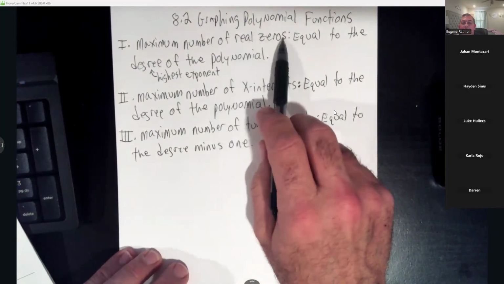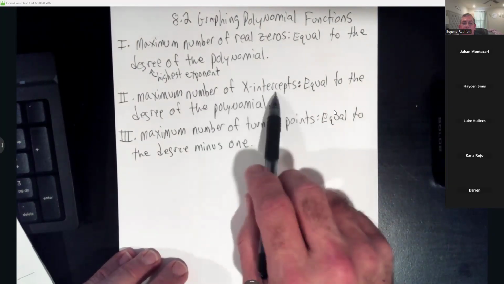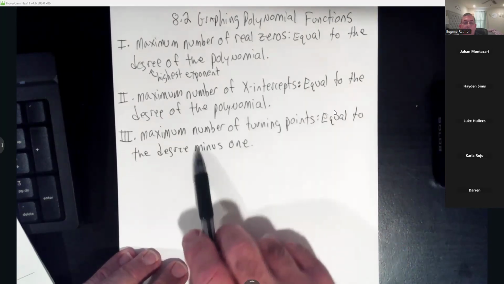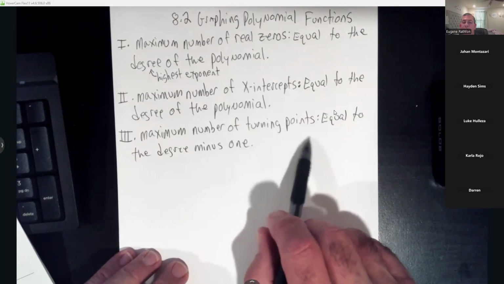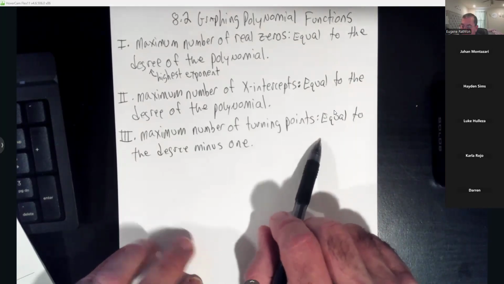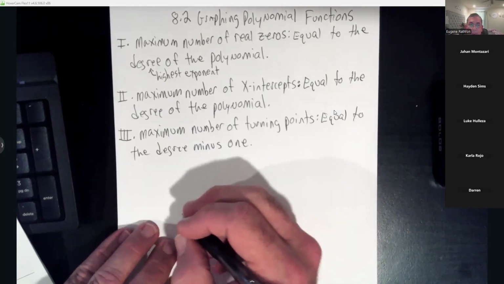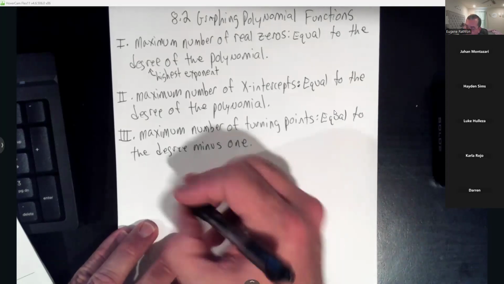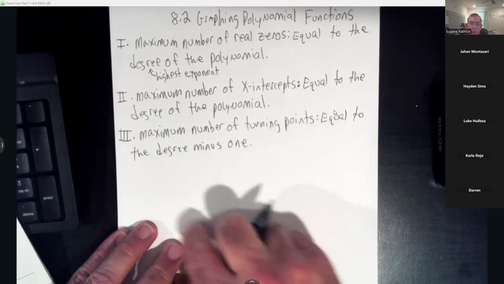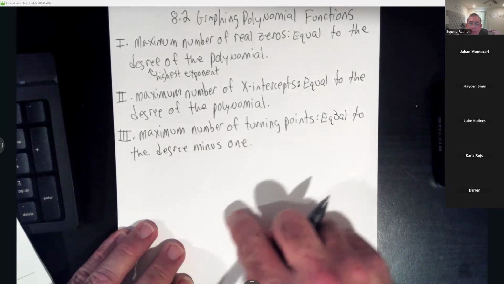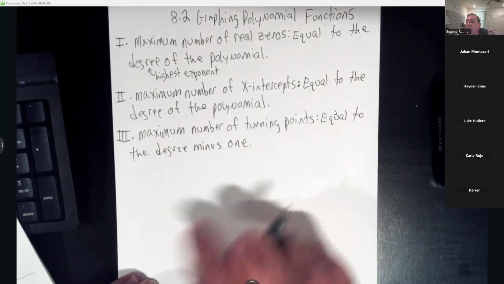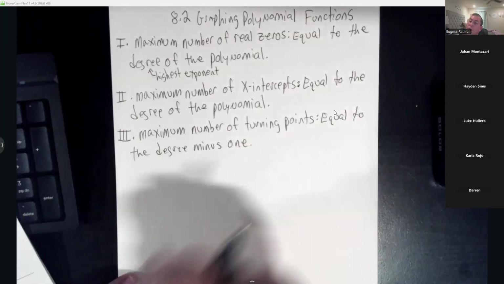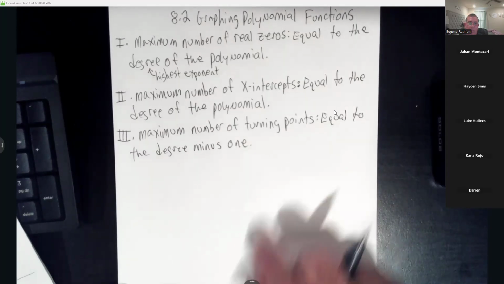So if the maximum number of real zeros is 7, the maximum number of x-intercepts will be 7, but the maximum number of turning points will be 7 minus 1, which would give me 6. Okay? So y'all, just like them parabolas we were doing for the x squared graphs, those parabolas turned one time, but the degree was 2, and 2 minus 1 gave me the one turn on those, okay?